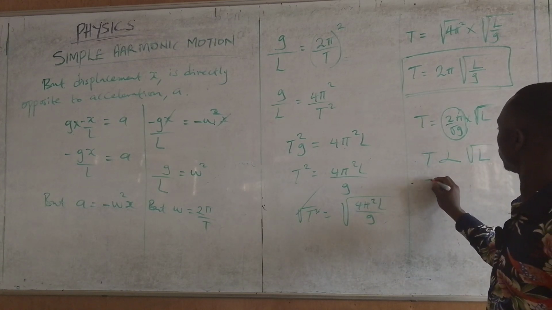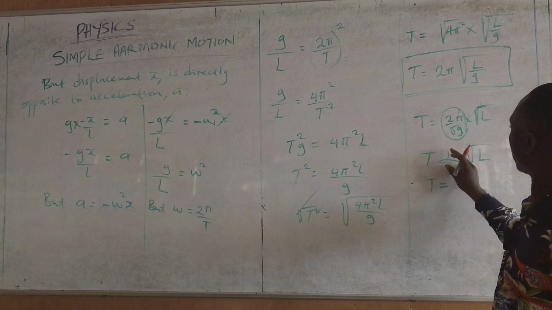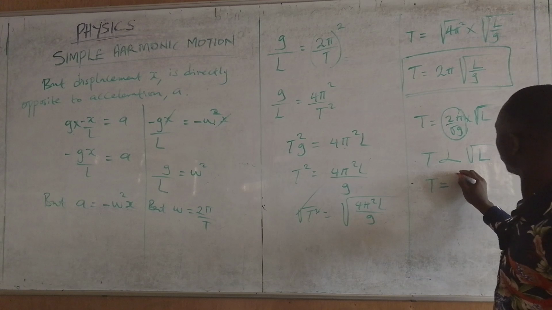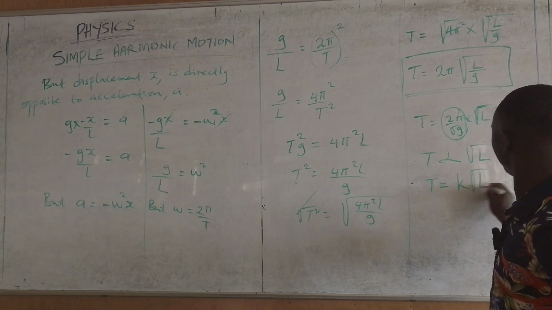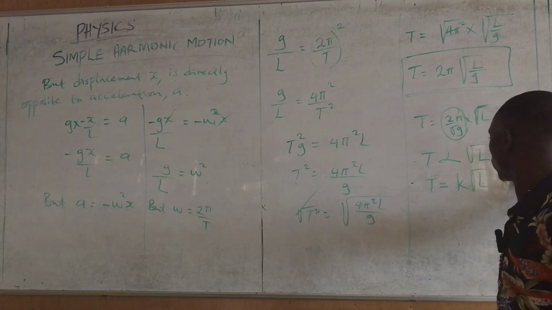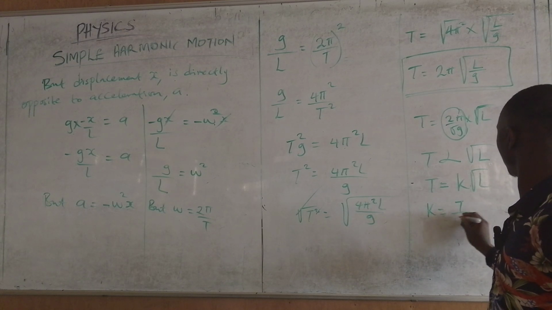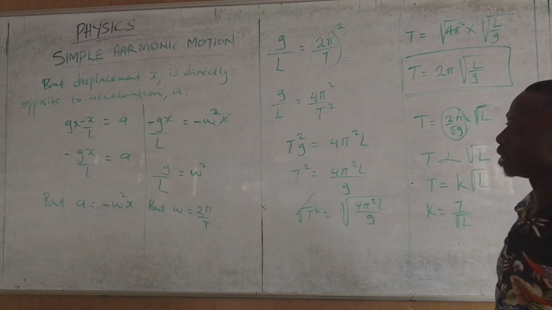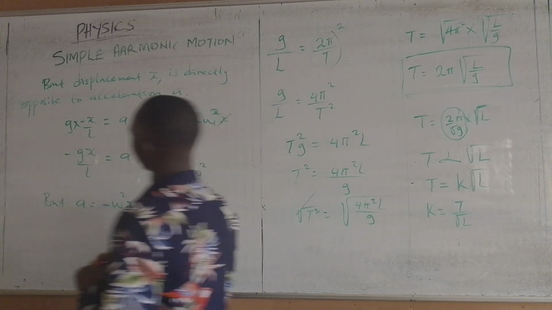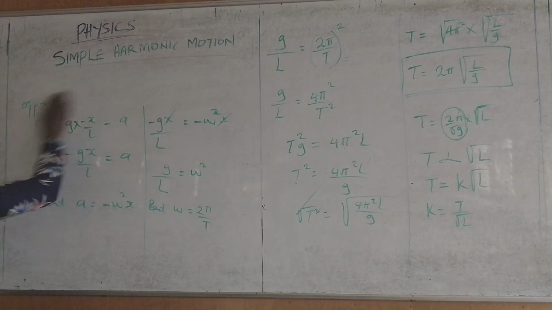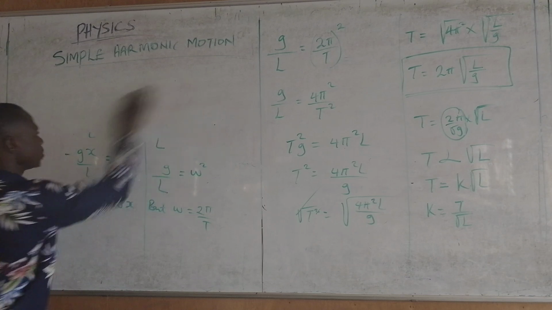So if T is proportional to square root of L, and I remove the sign of proportionality, this is going to be K root L, meaning the whole of this is standing for K. And if I make K the subject of the formula, K is going to be equal to T over root L. From there I can write an expression which is going to be very useful for us with the example I want to give now.